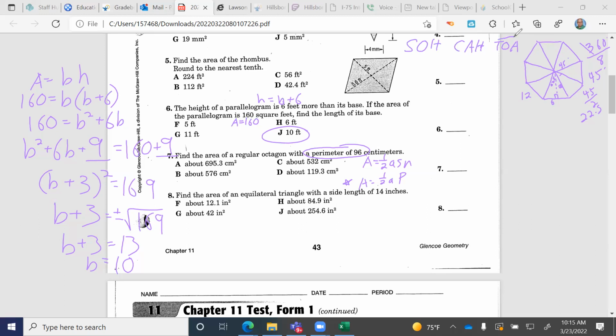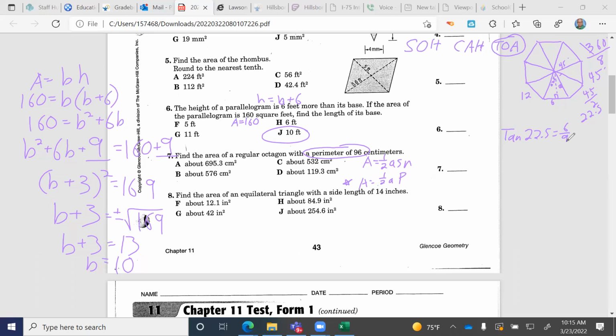Tangent. So that's the one that we have to use here to get our apothem. Tangent of 22.5 equals opposite over adjacent. All right.